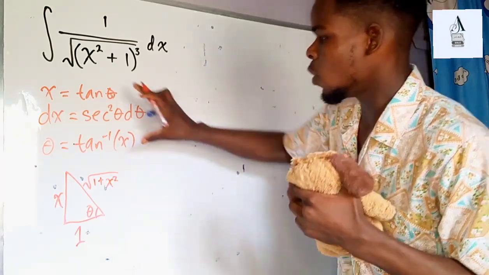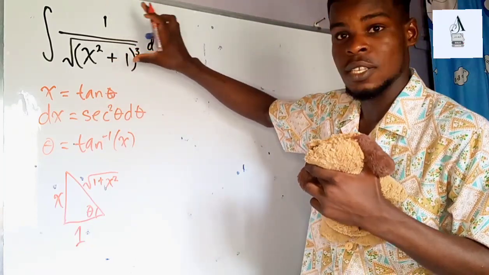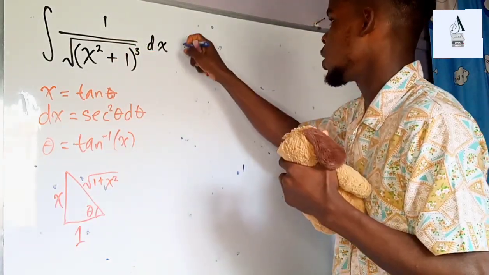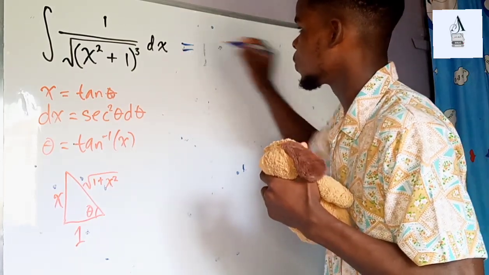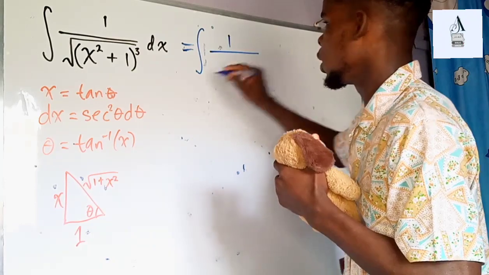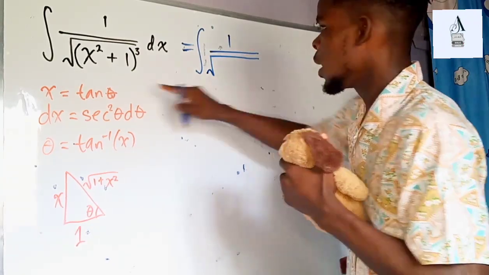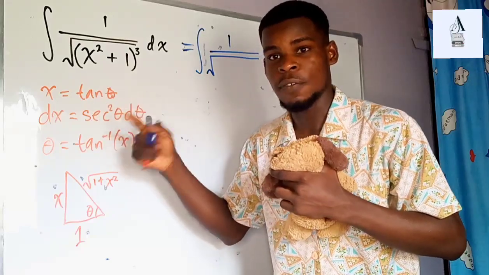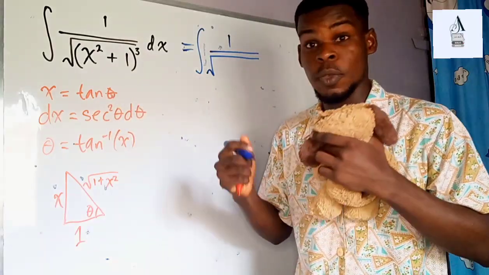Now all these, we're going to put back where necessary in this integrand and see what we get. So this integral now becomes the integral of 1 over the square root of x squared plus 1, where x is tangent of theta. If you square that and add 1 to it, it becomes secant squared theta.